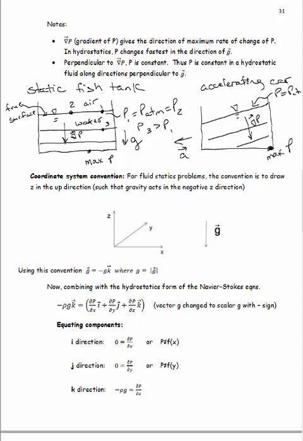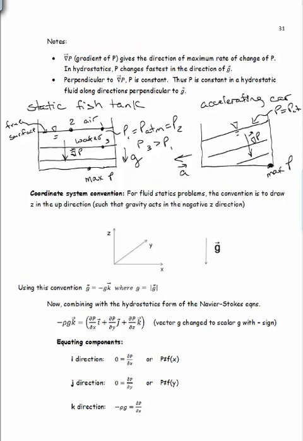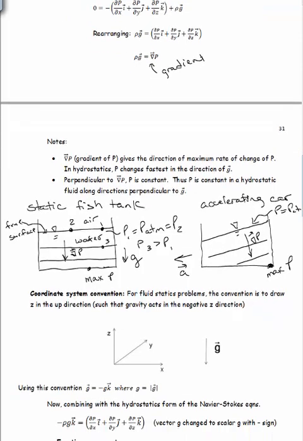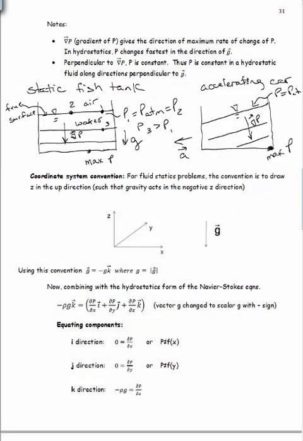The coordinate system that we're going to use makes our lives even simpler than what we have up here. Remember, here's our equation: rho g equals gradient P. Let's say g is just going in one of those directions, and usually we pick the k direction, or the z direction. g is going in the z direction, opposite this g direction.